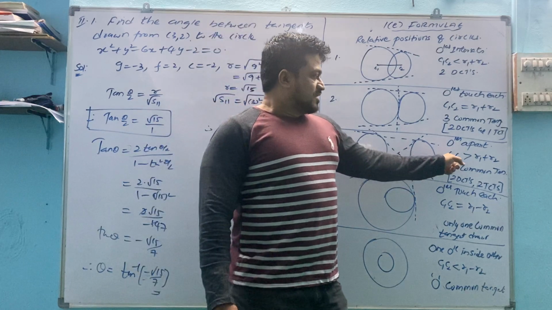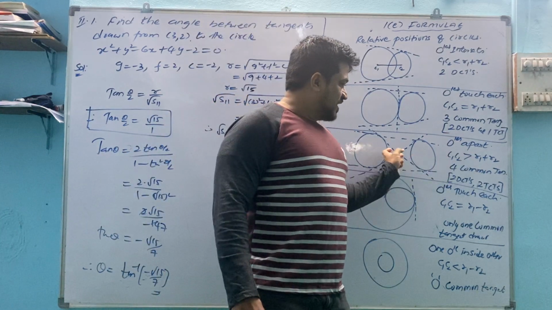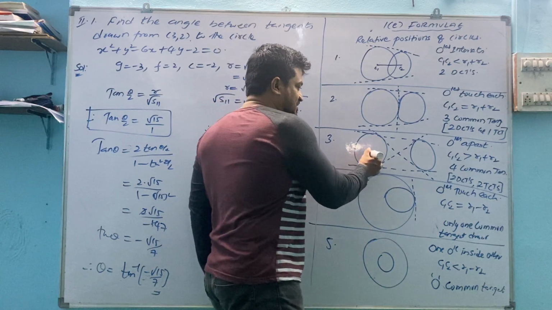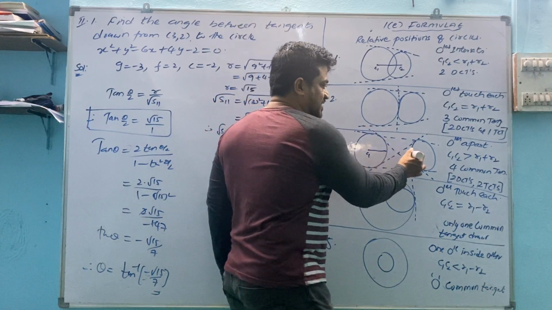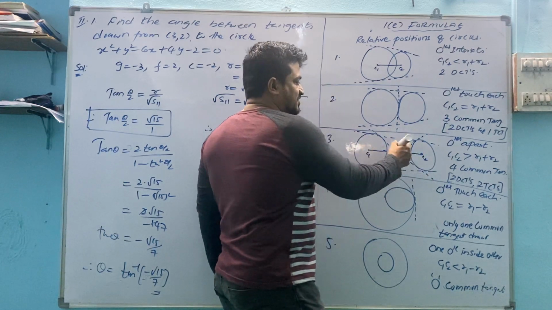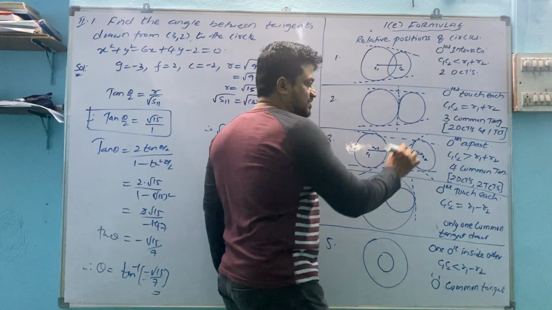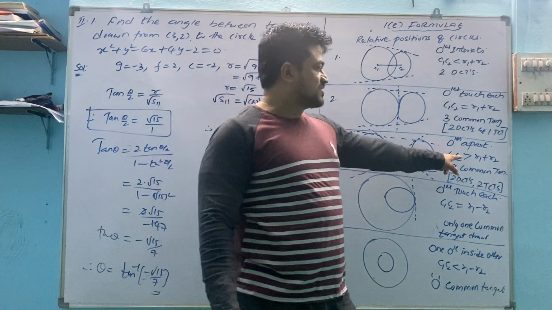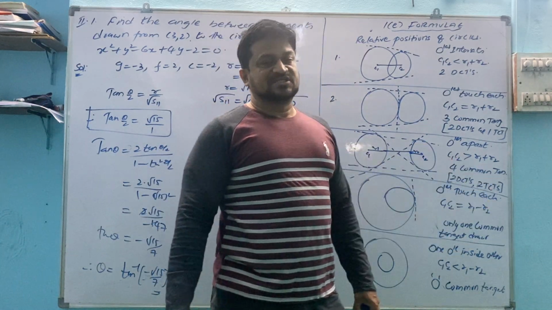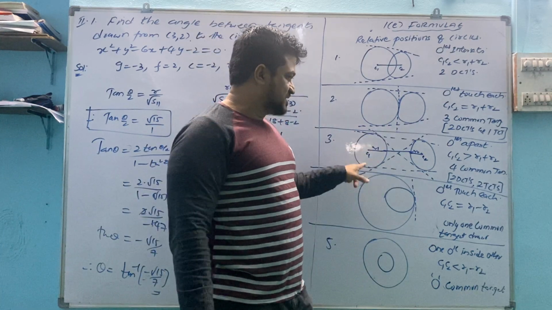Now, third condition: if C1C2 is greater than R1 plus R2, the C1C2 distance from center 1 to center 2 is greater than radius 1 plus radius 2. That time, four common tangents can be drawn, out of which two are direct common tangents and two are transverse common tangents.